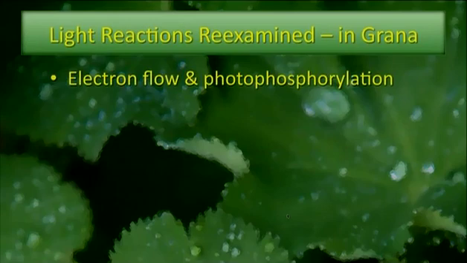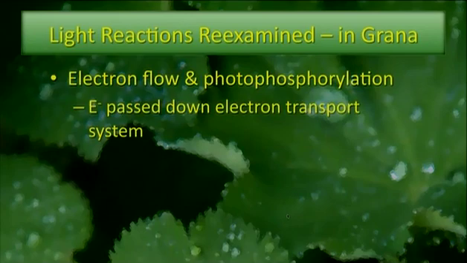Now, electron flow and photophosphorylation. The electrons are passed down an electron transport system. These excited electrons are passed to electron acceptors like phaeophytin, then to plastoquinone, then to the cytochromes.